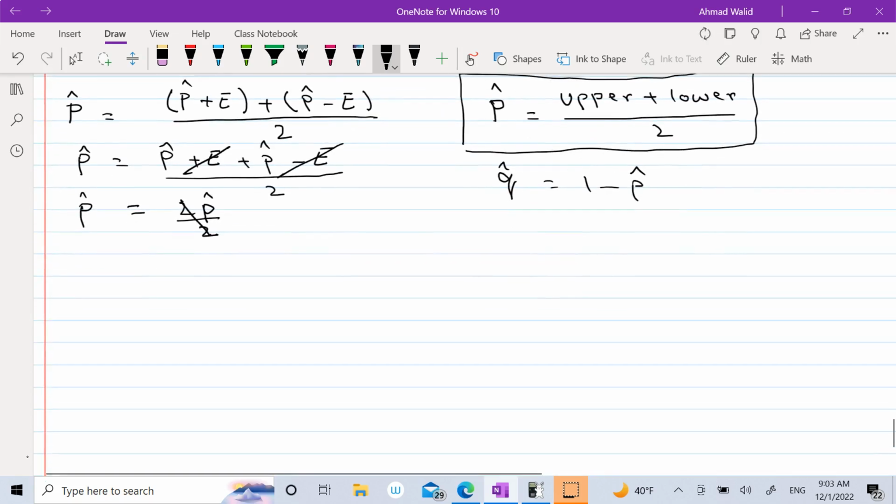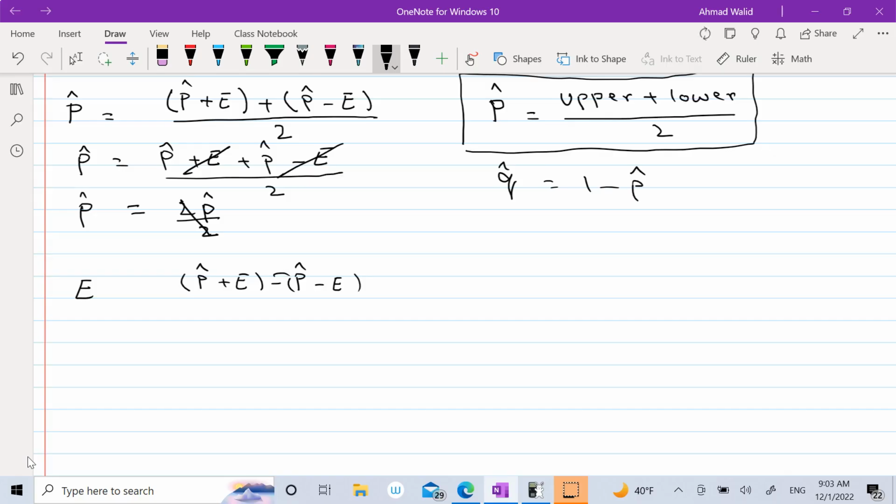Now, to find e, I'll take the upper limit, which is p hat plus e, and this time I will subtract the lower limit, which is p hat minus e, correct?